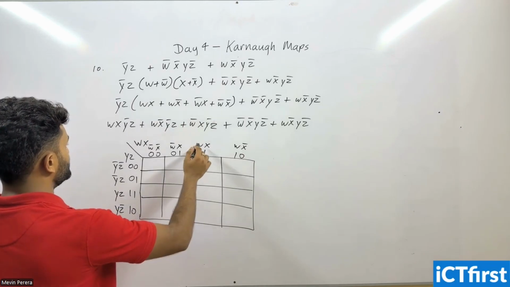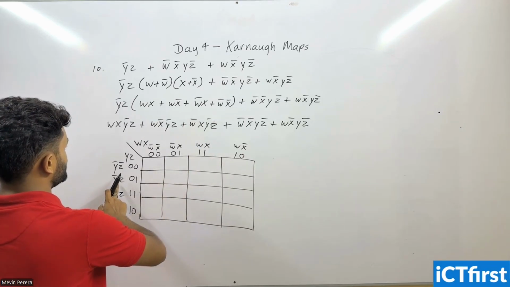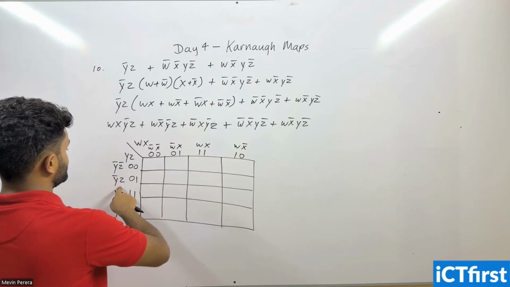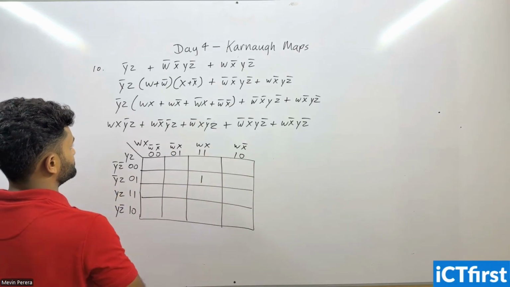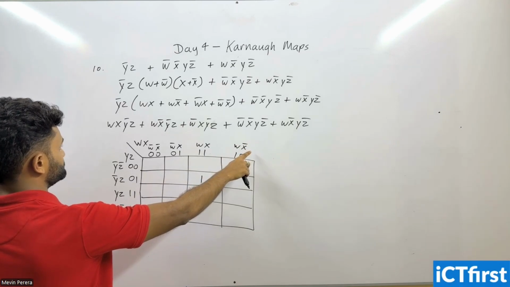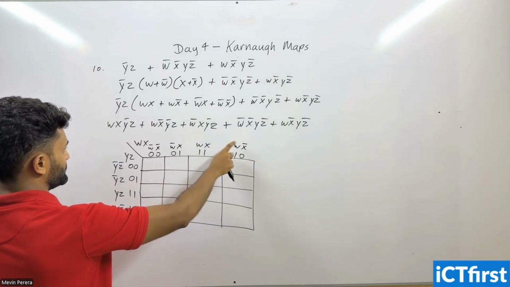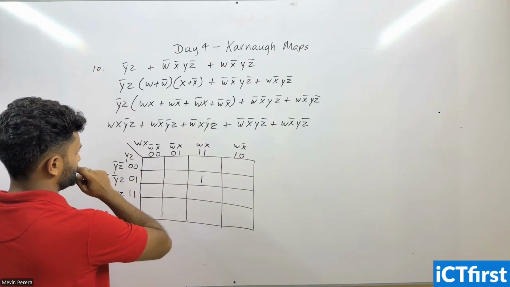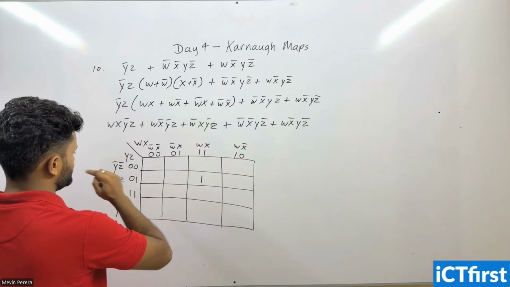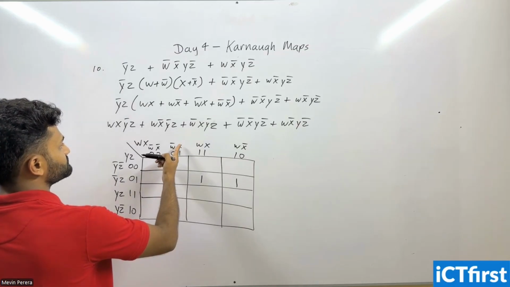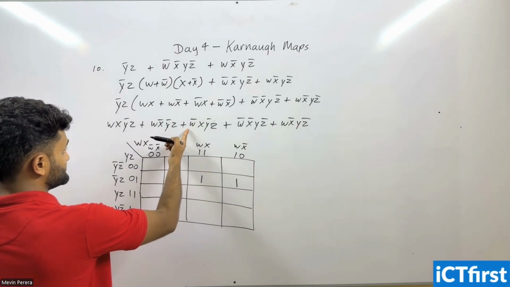Okay. WX Y bar Z. No, wait. WX Y bar Z. This one. WX bar Y bar Z. Oh, wait. Yeah, this one. W bar X. See, this is an SOP.